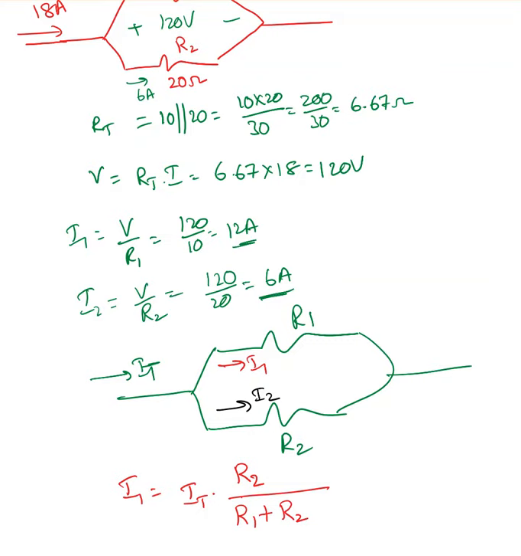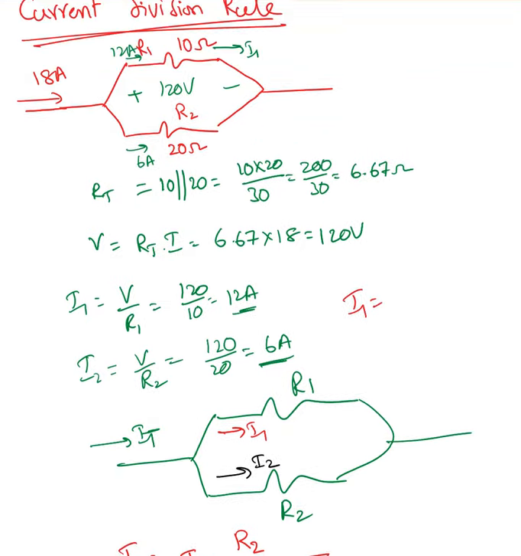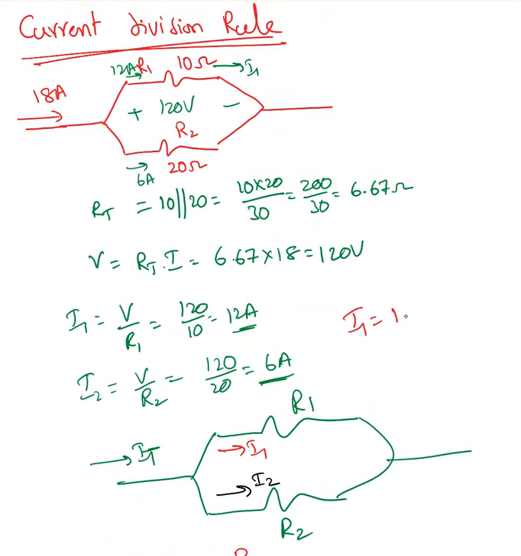If I apply this here to find I1 equal to I total, which is 18 amperes, times the opposite resistance, 20 divided by 20 plus 10. So 18 times 20 over 30, so 2 over 3, so 6 times 2, which is 12 amperes.